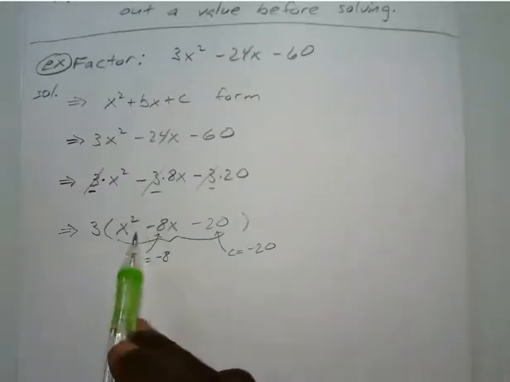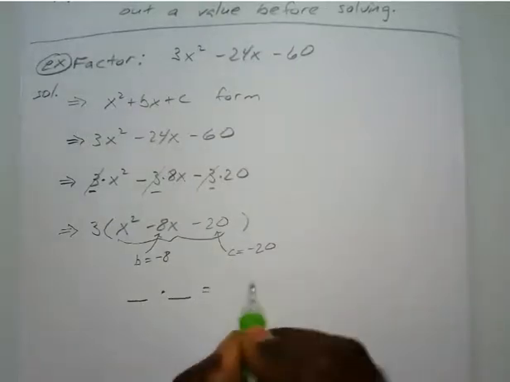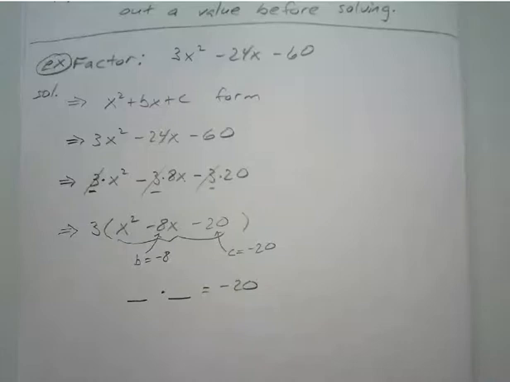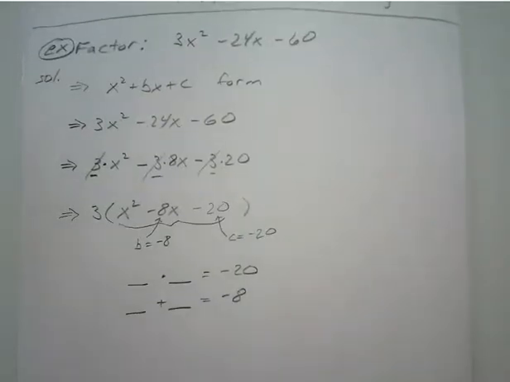Okay, so that means just for this section, we have to find 2 numbers that multiply to equal our c, which is negative 20, and those same 2 numbers add to equal our b, which is negative 8. Alright, so we have to think about that.